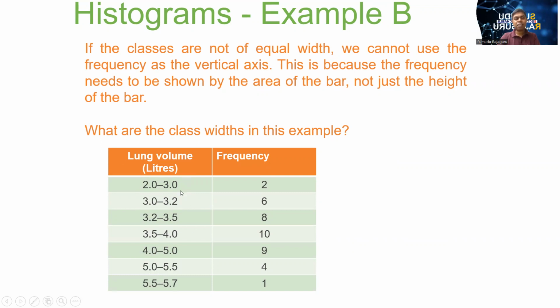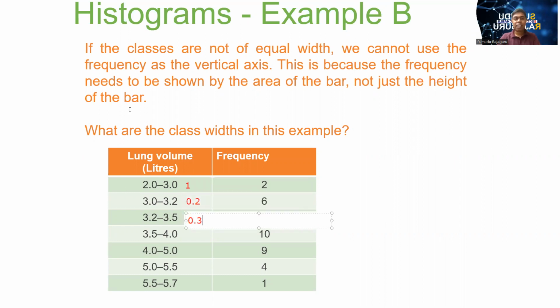So this is 100% continuous data. But when we discuss the class width in here, what is the class width? 1. When coming to here, class width is 0.2. When we come here, class width is 0.3.